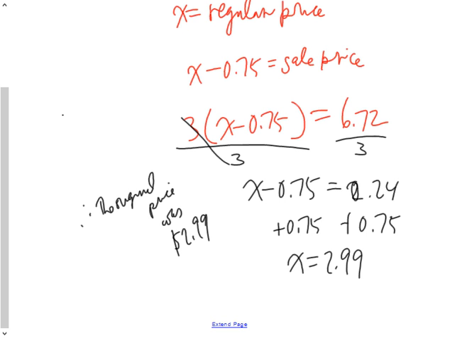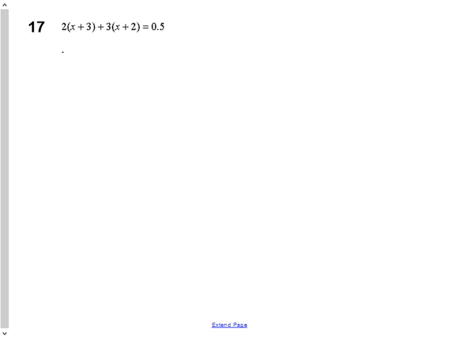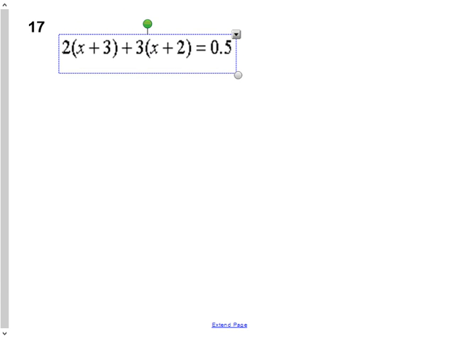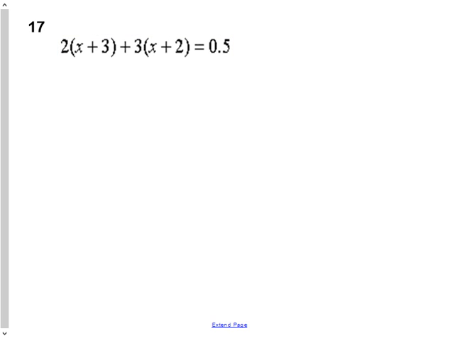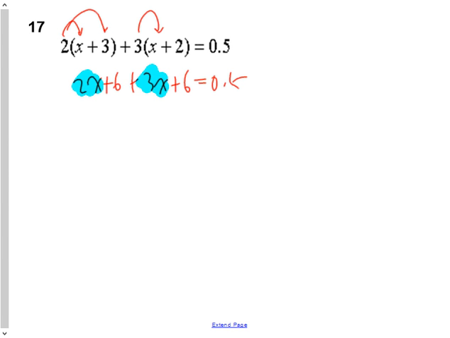And I'm just going to do this last question, then I won't do the other part, because if you can do this one, you can do the last one. So the only difference between this question and the ones we've been doing is you have to combine a little bit of chapter 5 in here, because when we expand, you're going to get 2x plus 6 plus 3x plus 6 is equal to 0.5. And when you have that, you have the ability to gather like terms, because in chapter 5 you learn to add.